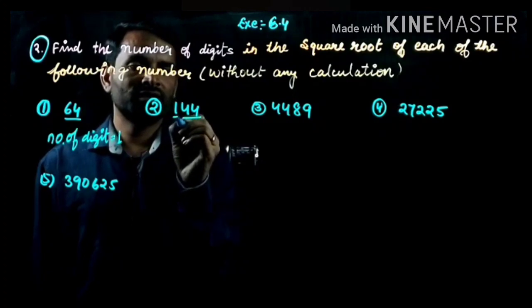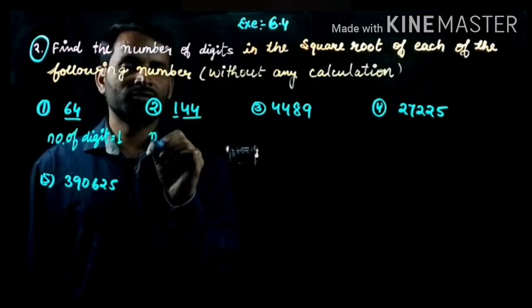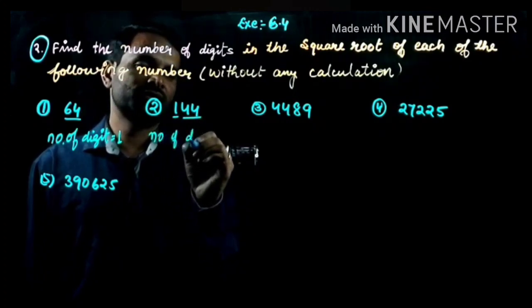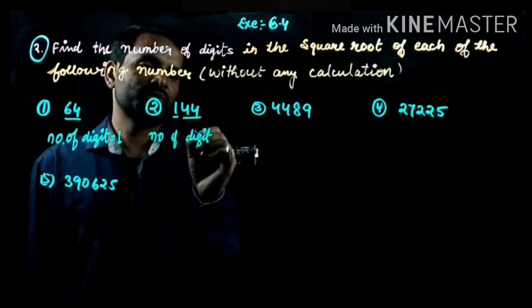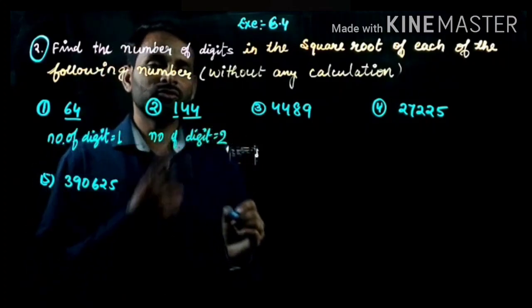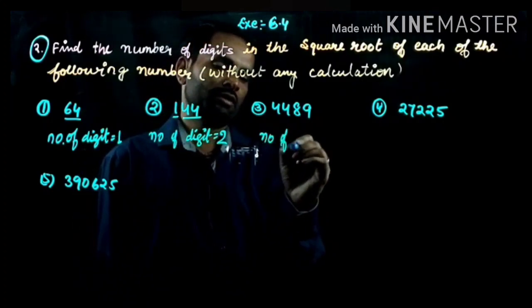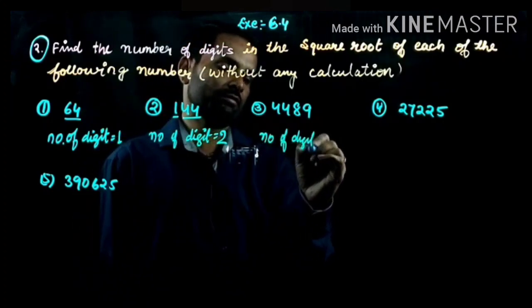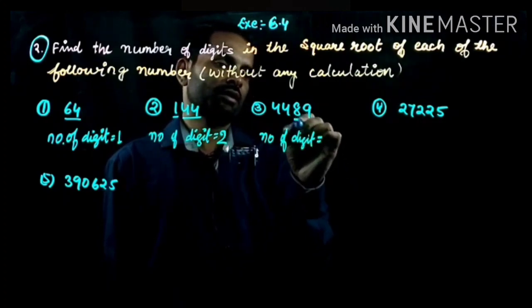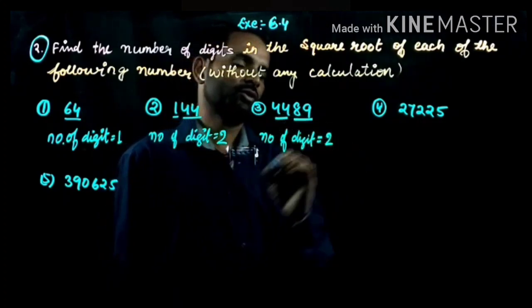One pair and a single number is 2, so the number of digits is 2 because of 2 pairs. Here the number of digits in the square root is 2.